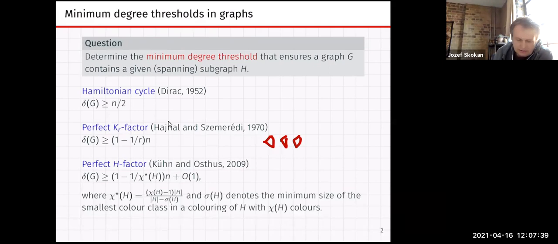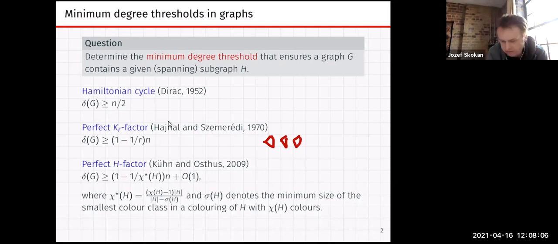Here χ*(H) is a parameter which relates to the chromatic number of H and the parameter σ(H). Some of you might have seen this σ(H). This is the minimum size of the smallest color class in a coloring of H with χ(H) colors, and this number can be anywhere between 1 and half of the vertices of H.